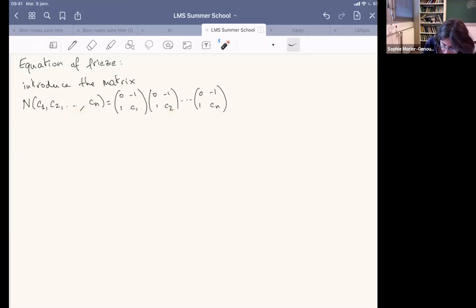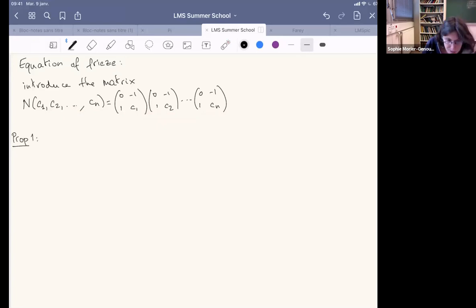I can look at these 2x2 matrices obtained as a product like this. And it's not going to be too difficult to prove the following.